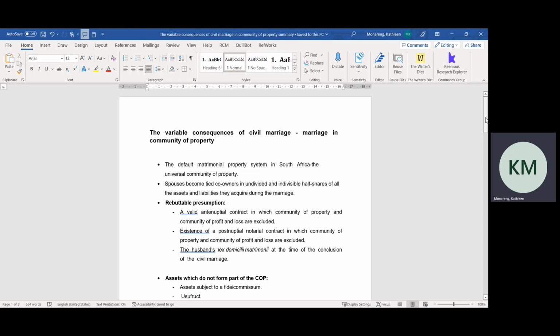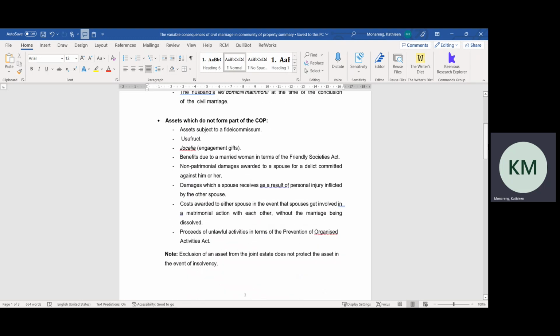Now let's move into assets which do not form part of the COP. These are assets which are subject to the fideicommissum, usufruct, jocalia, which are engagement gifts, benefits due to a married woman in terms of the Friendly Societies Act, and non-patrimonial damages awarded to a spouse for a delict committed against him or her.